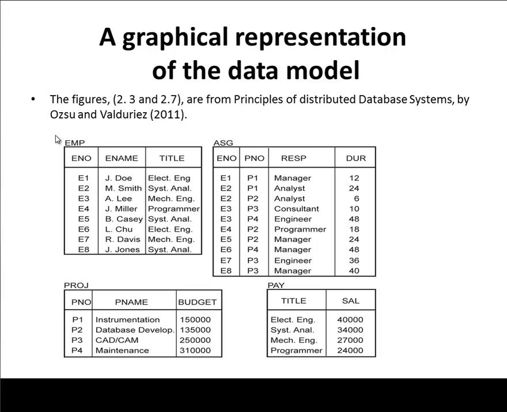In this sense, then, each tuple has 3 elements. And we consider a tuple an ordered list so that the first element corresponds to an employee number, the second element the employee name, and the third element, in this case, the title of the employee.